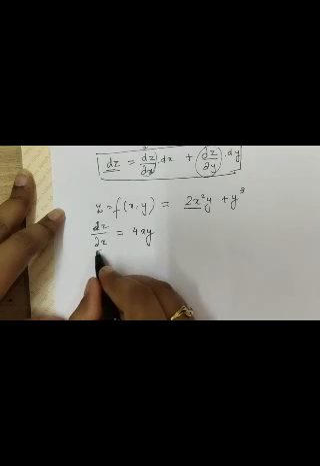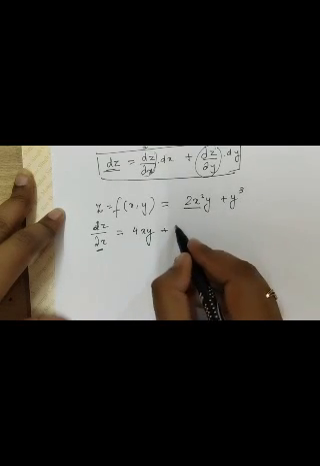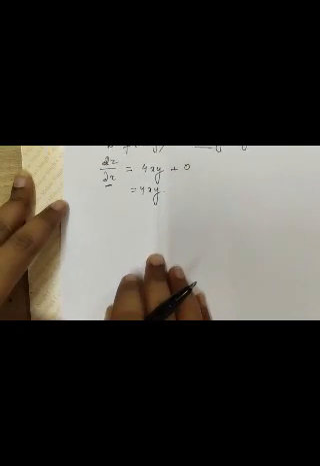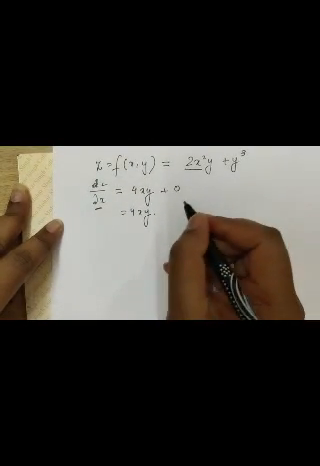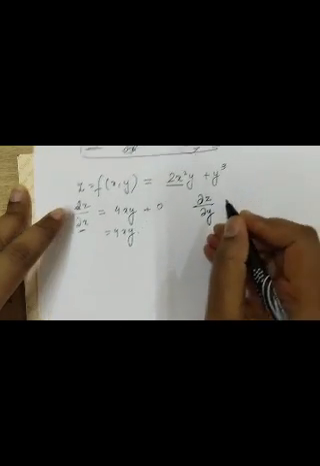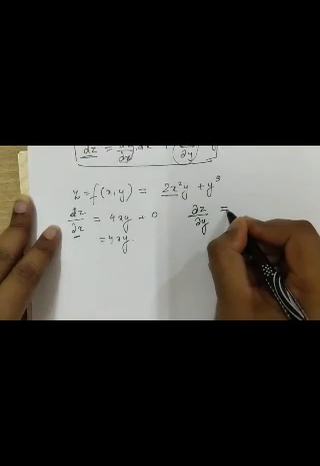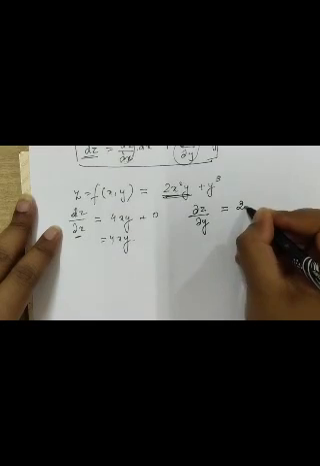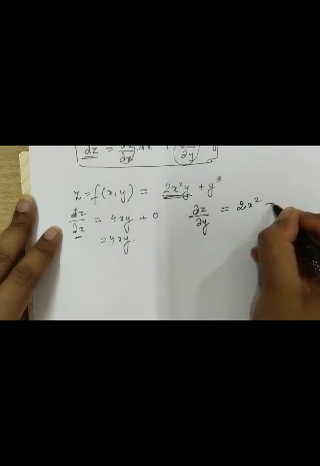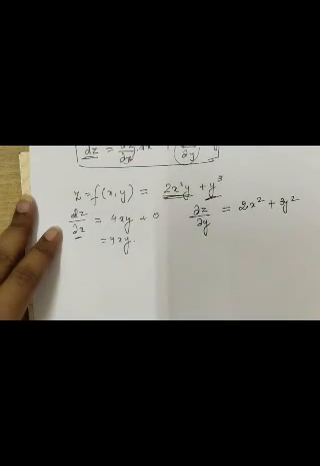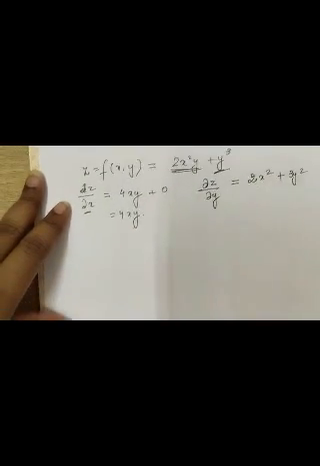We are differentiating with respect to x, so y will be constant, so the derivative of y cube is 0. So the answer is 4xy. Now we differentiate with respect to y, delta z by delta y. Our answer will be 2x square plus 3y square.